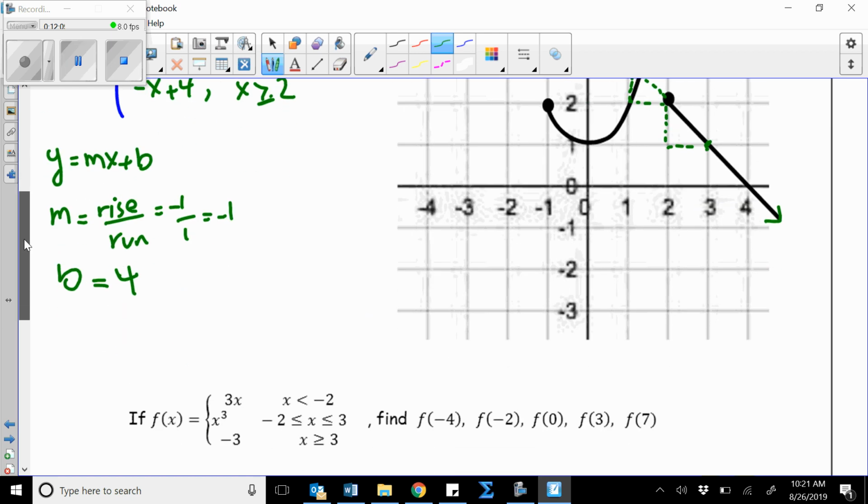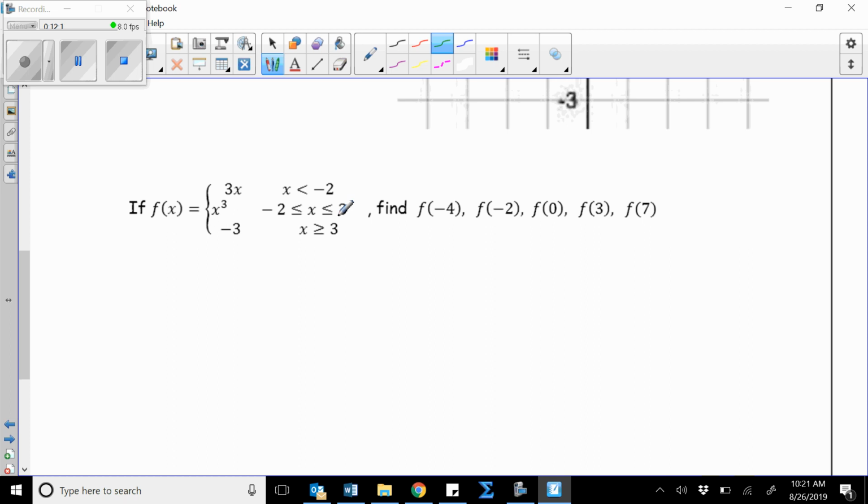Now we are going to do the last part of our lesson, which is evaluating a piecewise function. Like we are going to figure out what is f of -1, f of -2 for different x values, what is my y. So let's try with the first one, f of -4. This -4 is the x value.